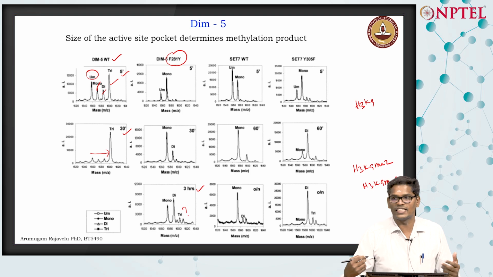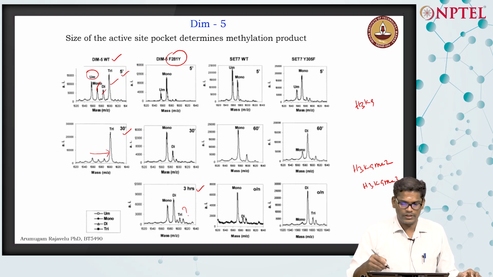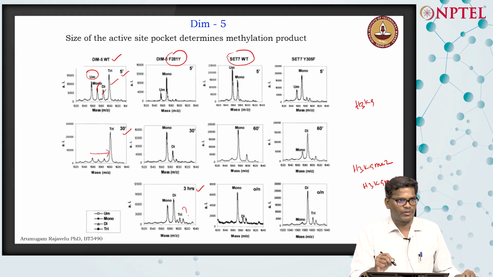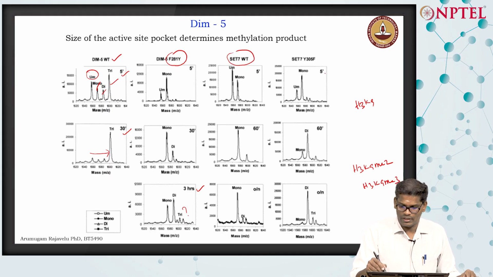That there are two different enzymes was identified later, but these initial assays gave some kind of suggestions. Yes, the enzyme behaves differently when you alter the catalytic pocket a little bit. This is very clear evidence, very strong data. And then they tried the same with another enzyme, SET1, which methylates H3K9, and they see a similar phenomenon.